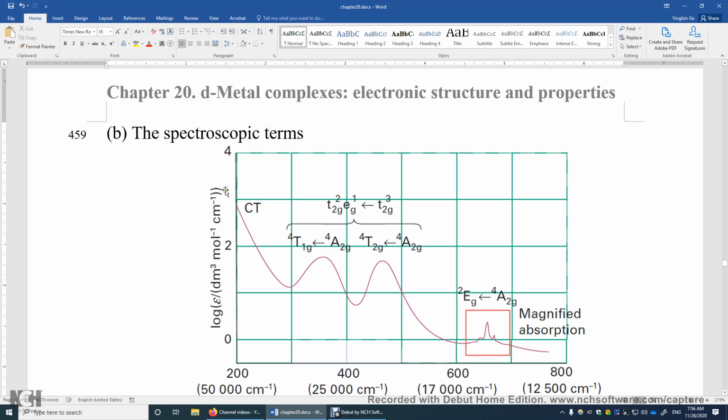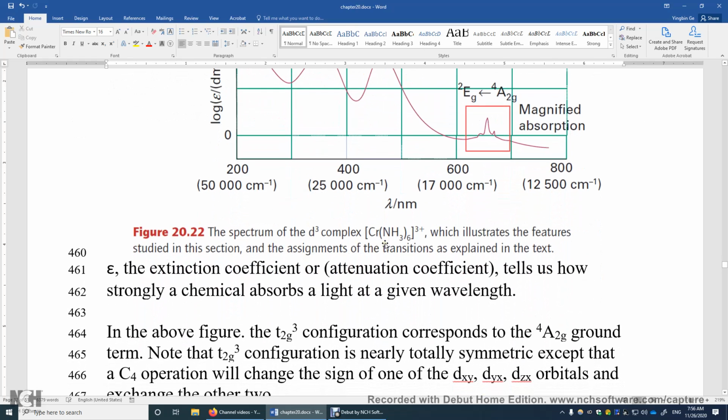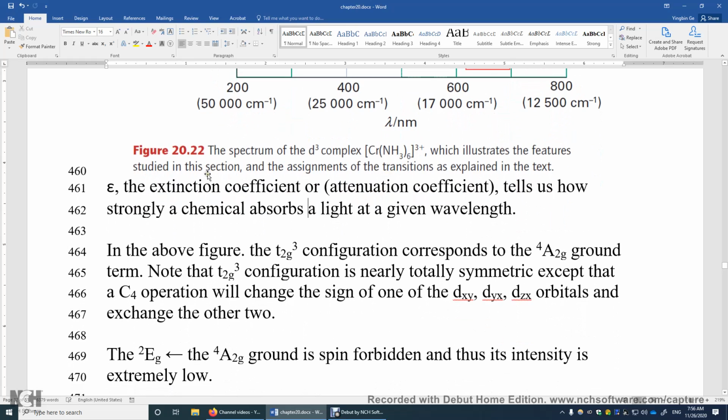Usually the epsilon of a charge transfer band is 100 times larger than this, and this is 100 times larger than this, I think, or maybe more. So this probably is 1,000 or 10,000 times larger than a spin forbidden transition.